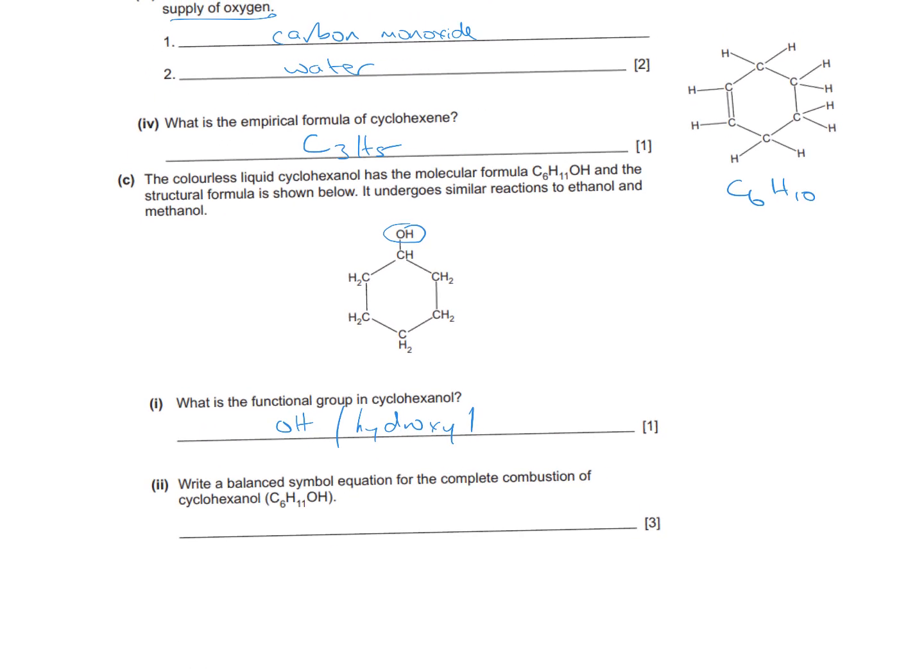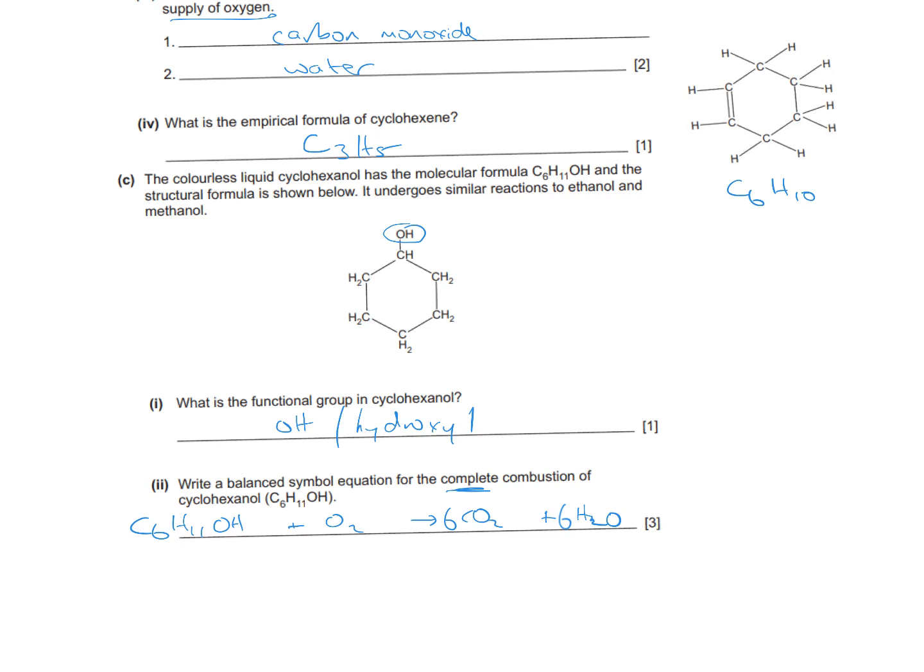Balanced symbol equation. Okay, so it's going to be C6H11OH. It is complete combustion, so it'll give carbon dioxide and water. Again, as before, do the carbon. So 6 on the left, 6 on the right. 11 plus 1 is 12, so I need 6 there.